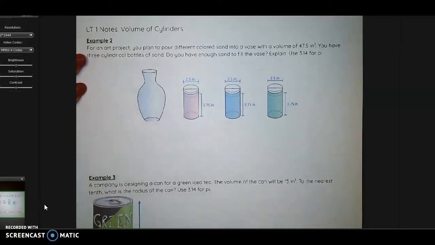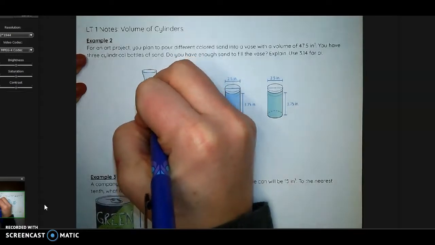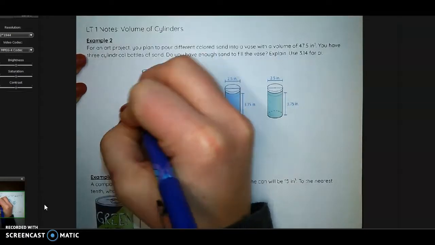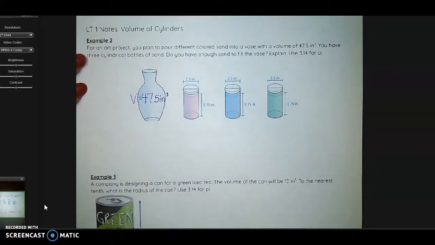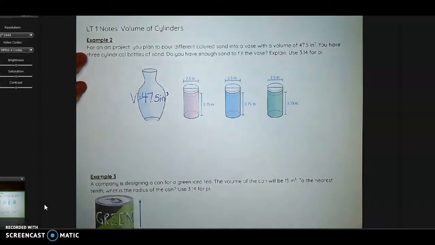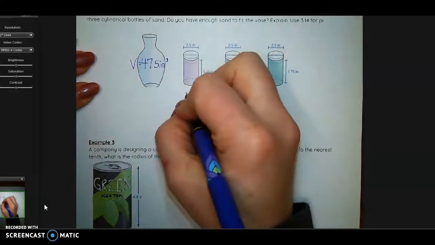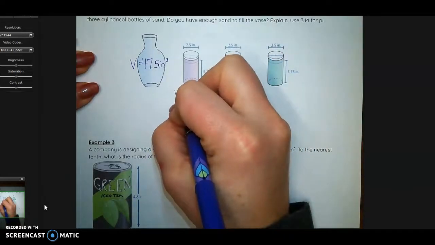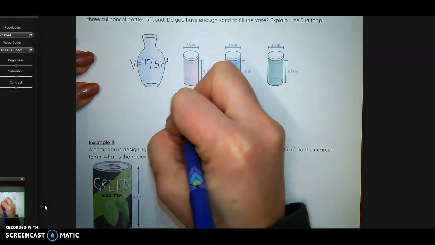So they're telling us that the volume of the vase is 47.5 inches cubed. We want to see if adding these all up, will I have enough sand to fill it? For this first one right here, remember the volume is pi times r squared times height.